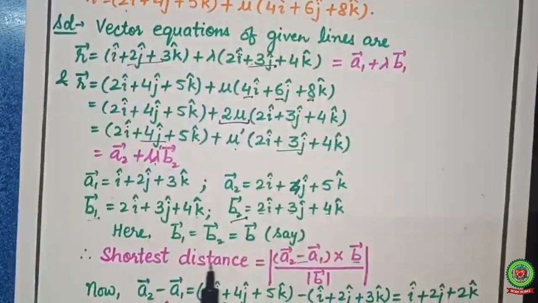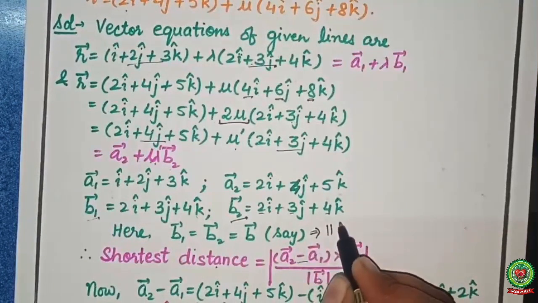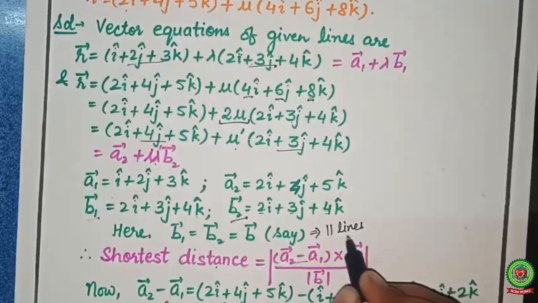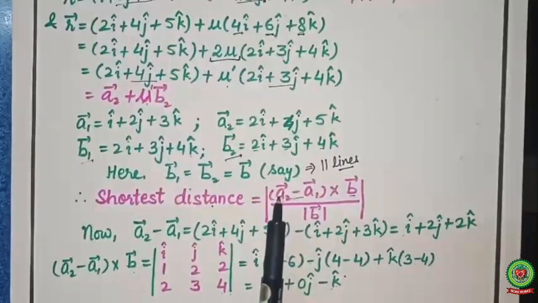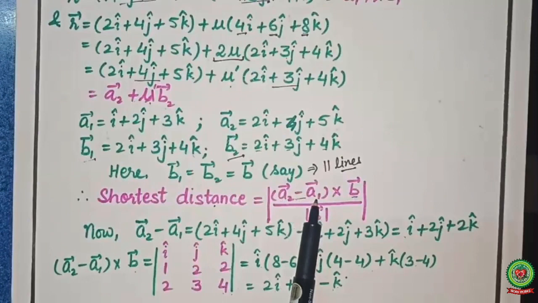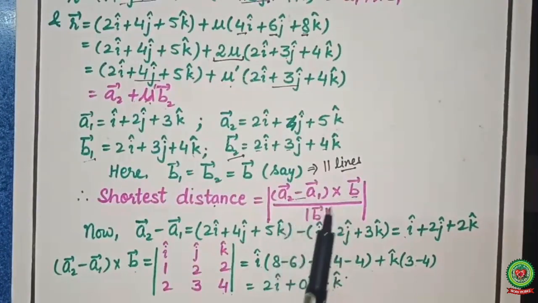These are the parallel lines because in this case both the direction ratios are equal. So we can apply the formula of parallel lines. So shortest distance is equal to mod of a2 vector minus a1 vector cross b vector divided by mod of b vector.